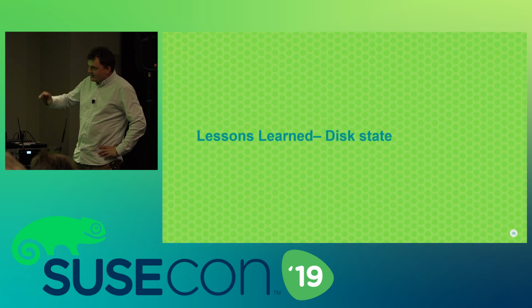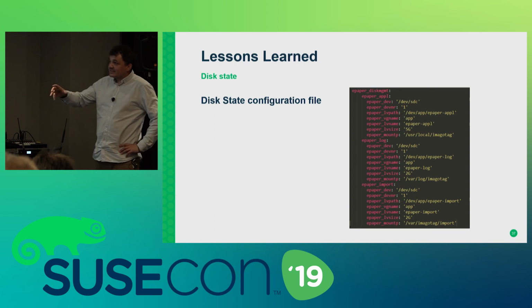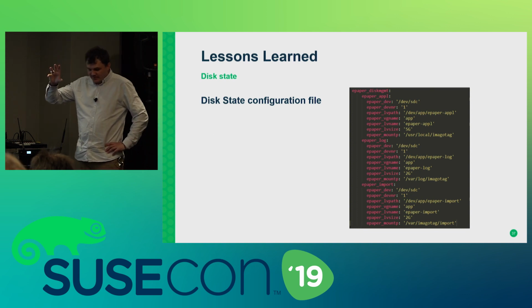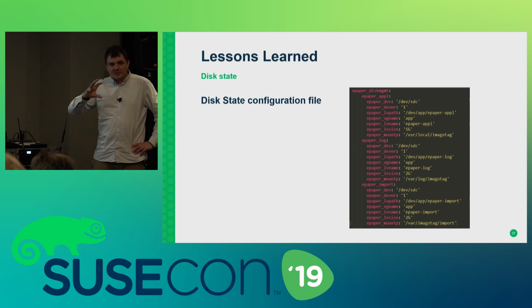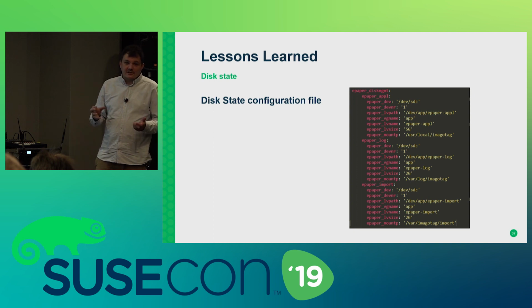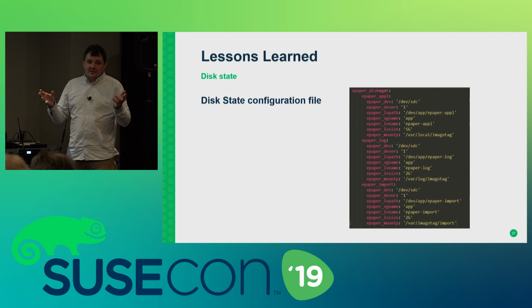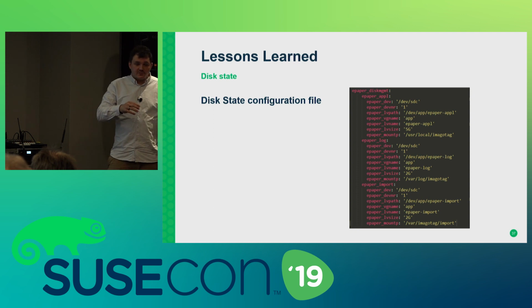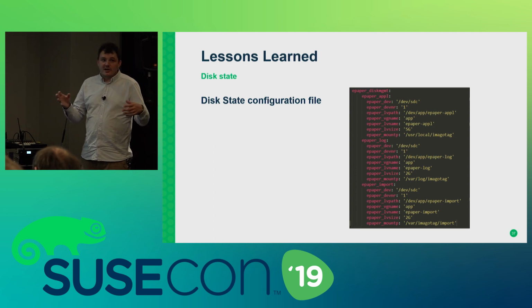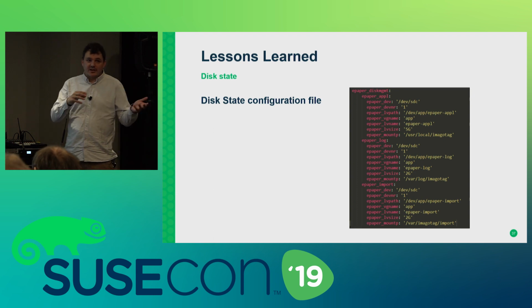Okay, lessons learned. The disk state. This is something we pulled off early because people are starting to create Salt states and they want to have it like they're used to. So we have our SLES 12 SP2 with Btrfs, and we needed to mount disks to that for the application.